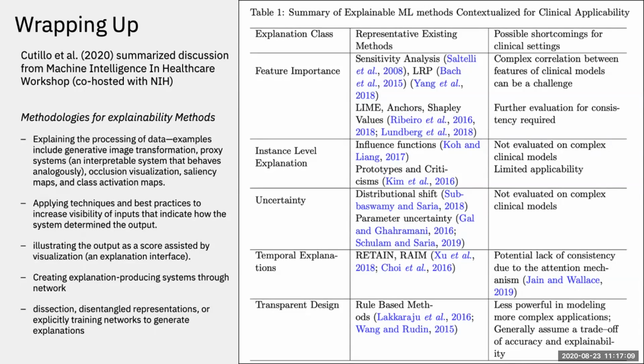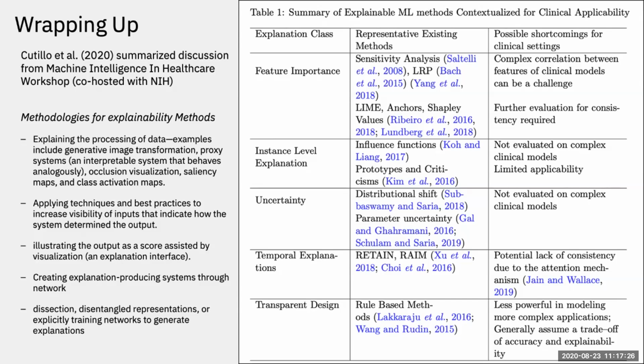And this includes methods explaining the processing of data, be it interpretable surrogate or proxy systems used to explain how an AI is processing data, techniques highlighting inputs responsible for an output, and visual analytics explaining the output of an AI system.